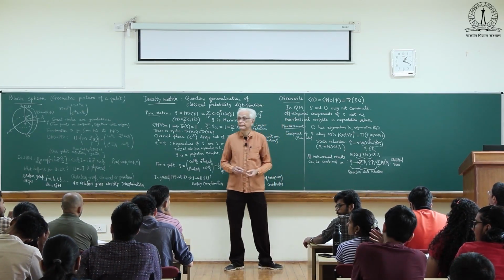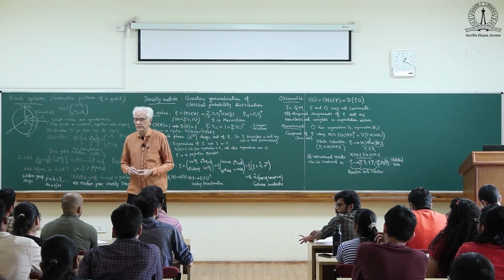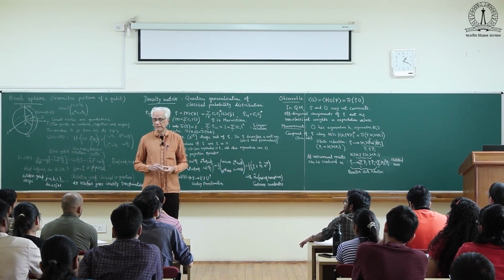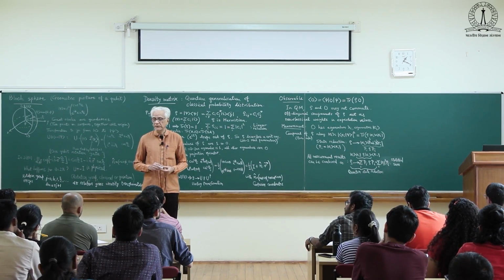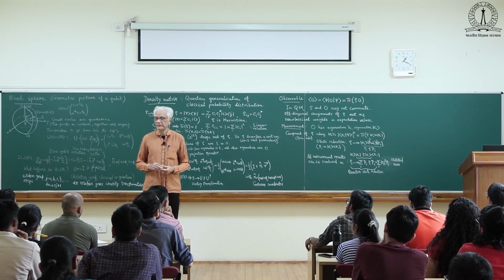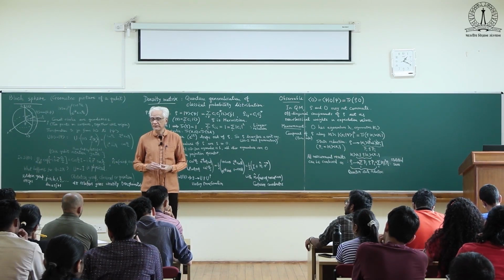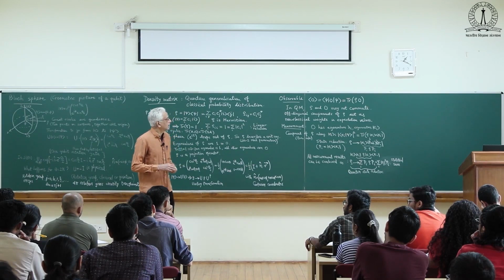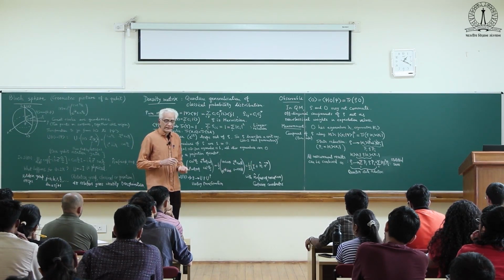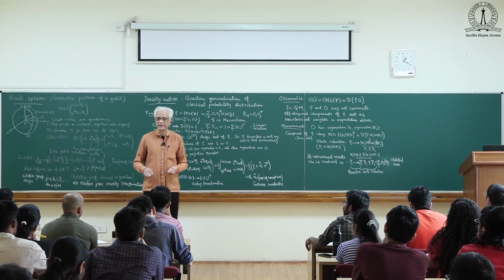Yes. For operator O, we choose the orthonormal set of eigenvectors. Yes, O is Hermitian, so it will always have an orthonormal set of eigenvectors. Can it be the identity matrix? No, it doesn't have to be. It can be if you want, but it doesn't have to be. It's an arbitrary matrix. Any Hermitian operator, the set of its eigenvectors will form a complete basis, whether it is identity or not.